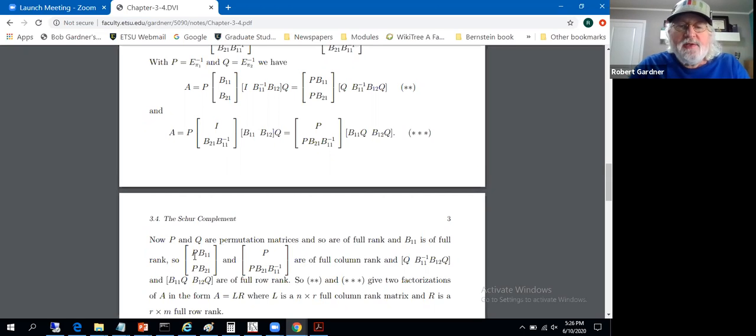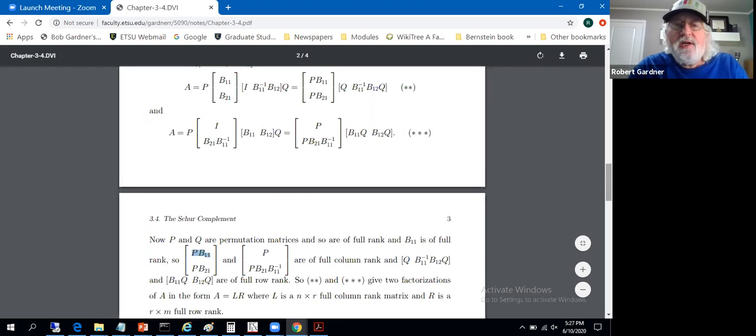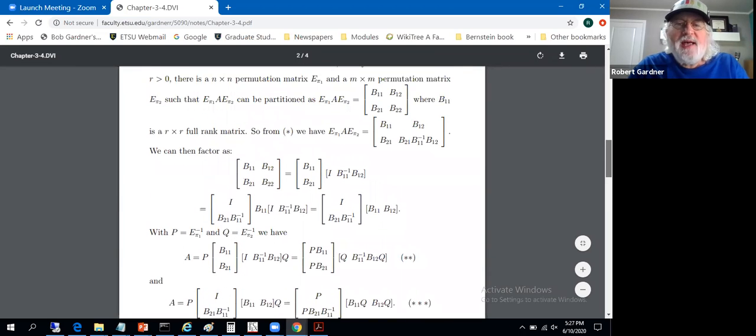So for this partition matrix, we've got a full rank matrix up top. In fact, it's a square matrix. B11 is R by R. Matrix P was a permutation matrix. It was actually acting on matrix A, wasn't it?